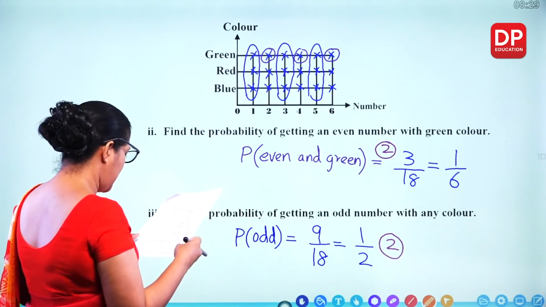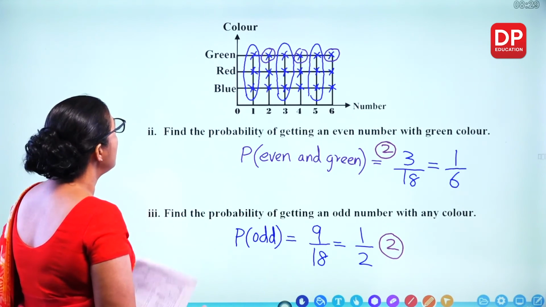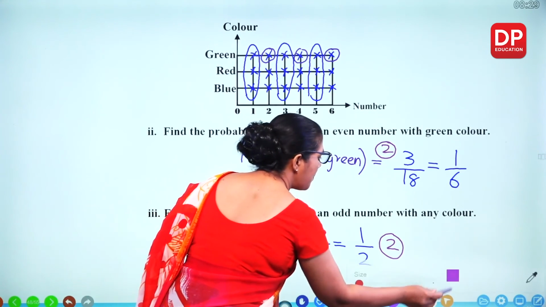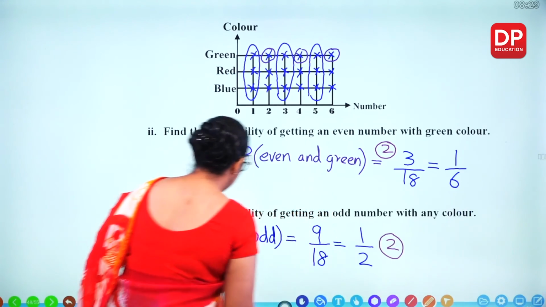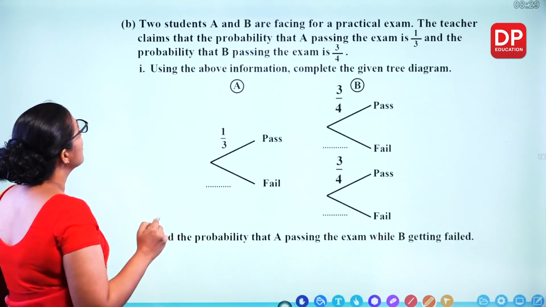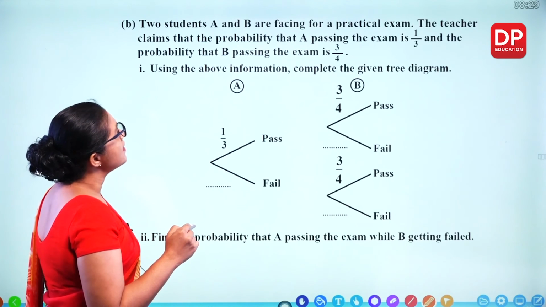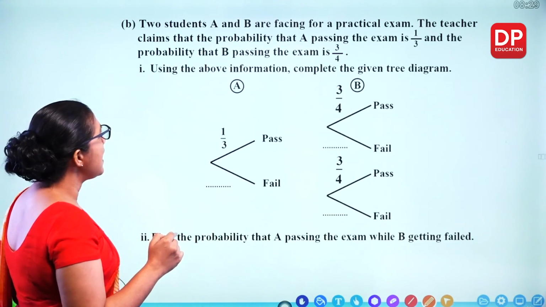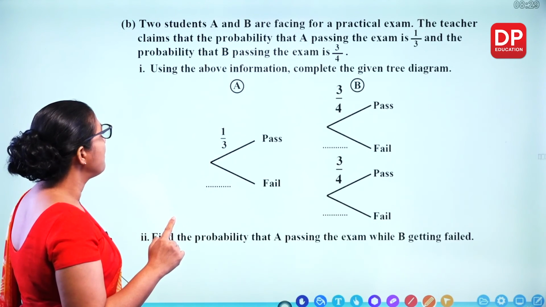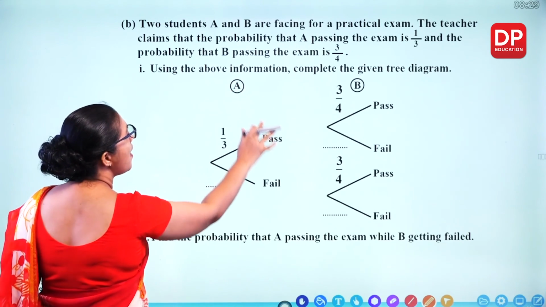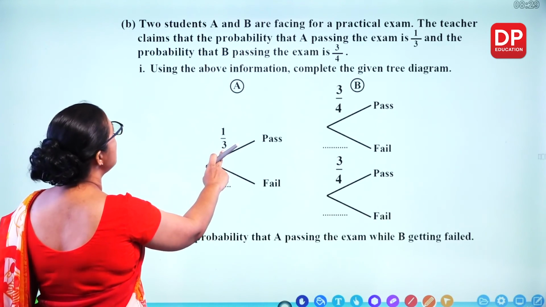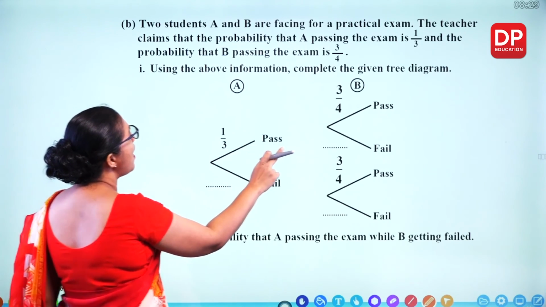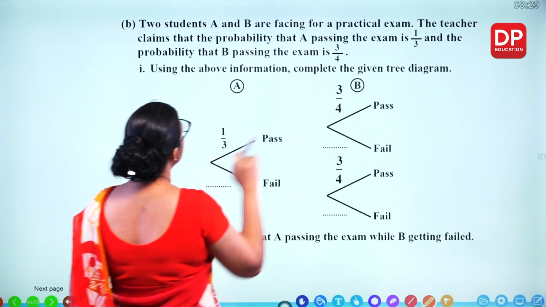Now we'll take the next part, part B. Two students A and B are facing a practical exam. The teacher claims that the probability that A passing the exam is 1/3. And the probability that B passing the exam is 3/4.